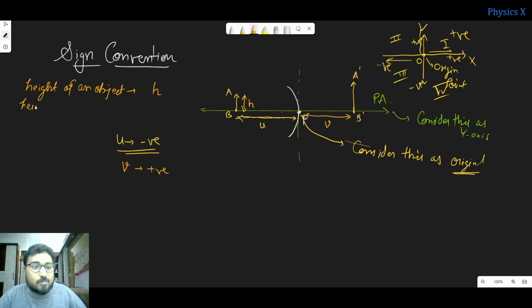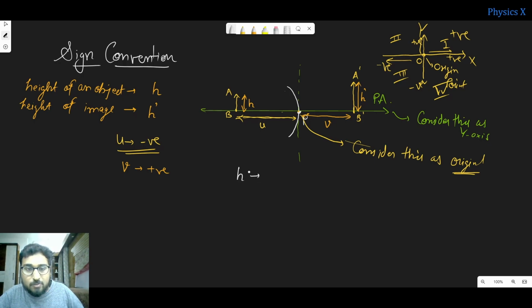And the height of the image, we take it as h dash. This is according to your textbook, so it is better to follow the same notations, right? So this distance is what? H dash, right? Now tell me the sign convention of h.